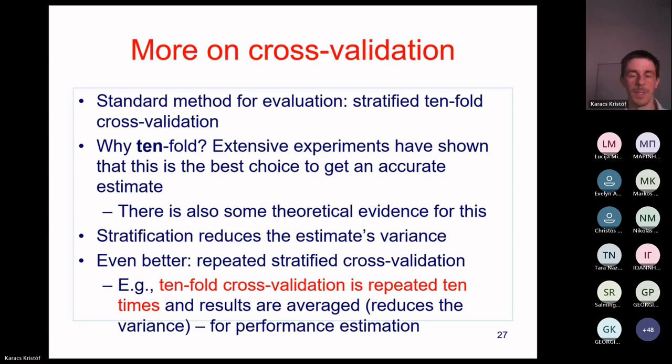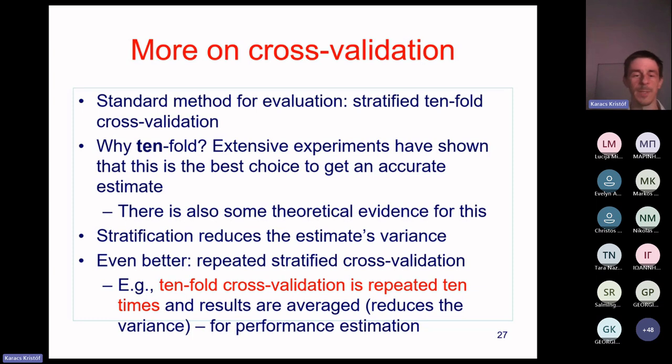And typically, the most common value for k to be used is 10, but it can also be 5, depending again on your resources. And this is justified by extensive experiments on different tasks and different fields.